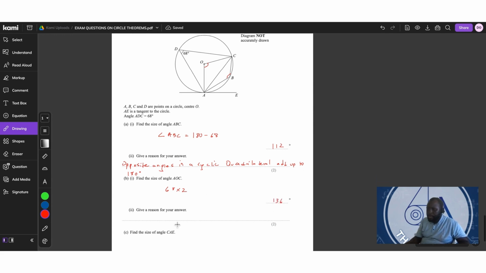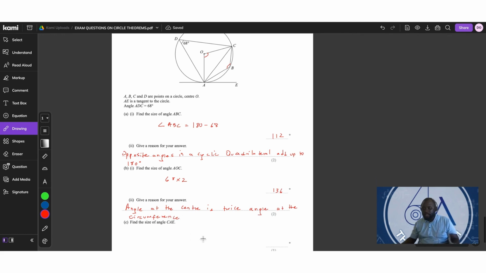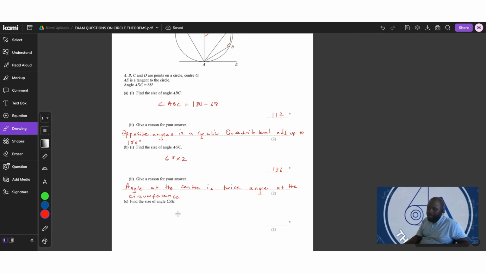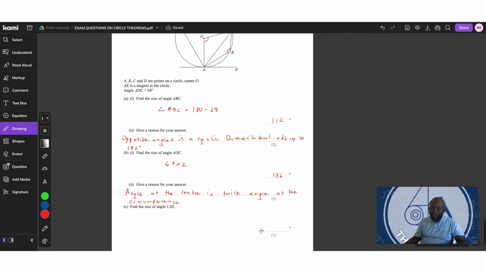And because it's 136, we say the reason is angle at the center is twice angle at the circumference. So angle at the center is twice angle at the circumference. So that is the reason why we multiply that by 2.